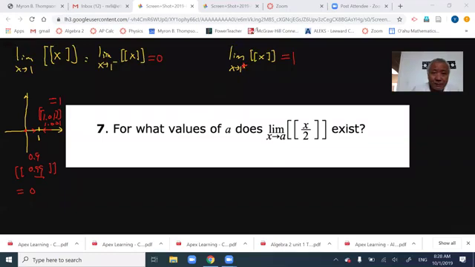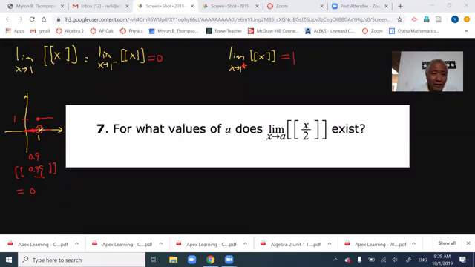What happens here? The graph will be like this: on this side the greatest integer function is 0, but when you go to here, this is 1, and the point at 1 on the left piece is not included.